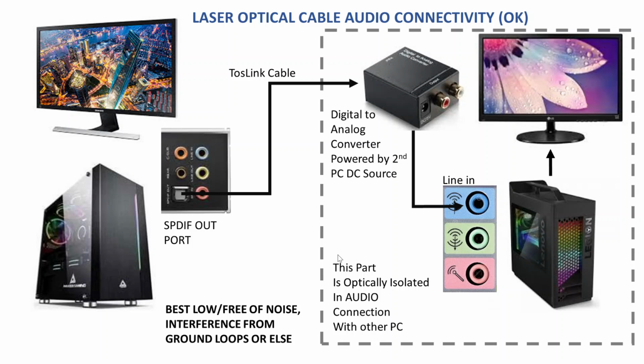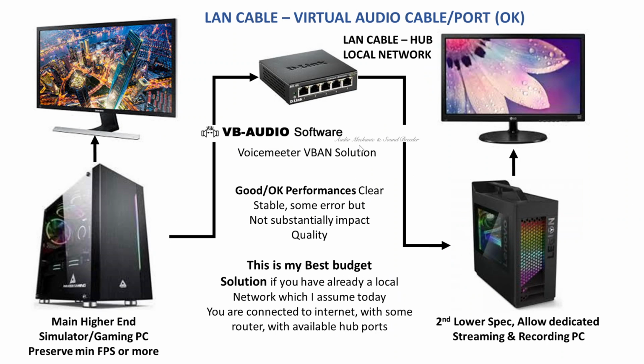Okay, so that's my sharing, and hopefully it helps, because I've been searching for these solutions everywhere, and not many people talk about it. Why don't I create a video to share it? It took me a week just to find out which solution works best. Finally I settled on this main solution here with the optical cable, and the backup is using VBAN through a LAN network.